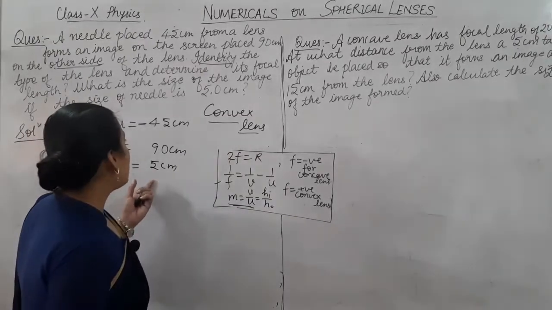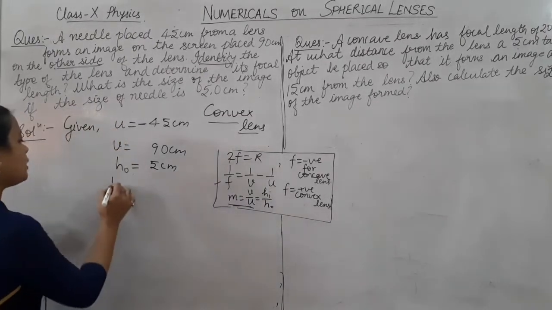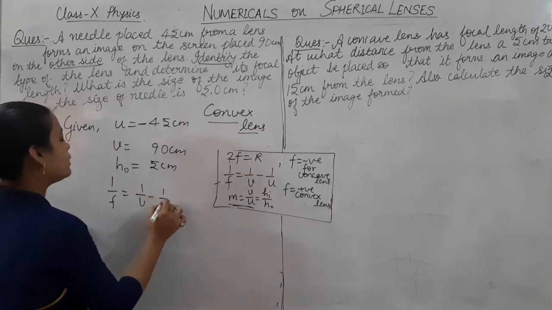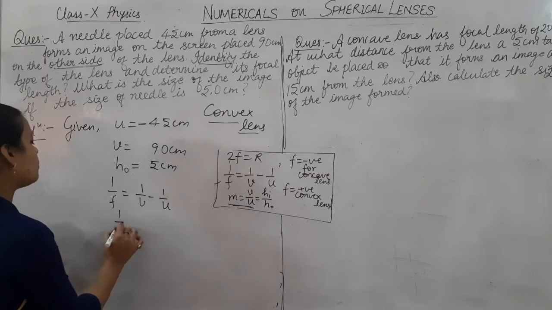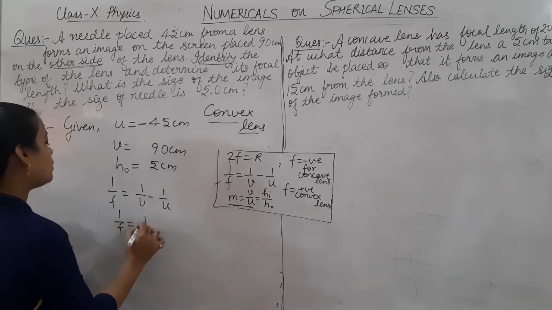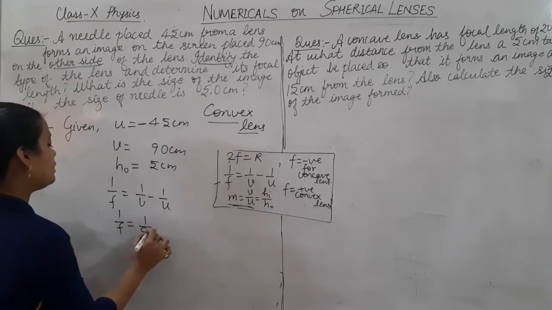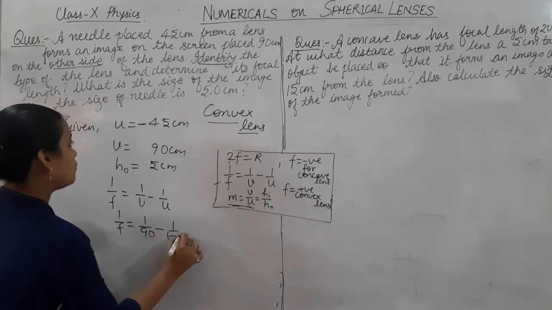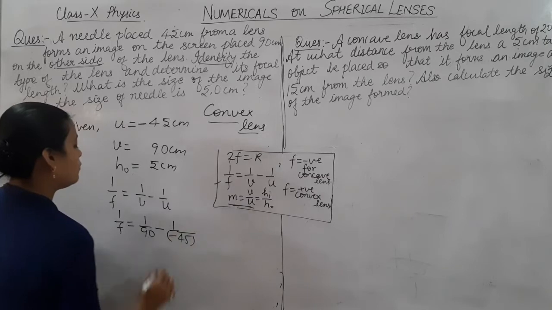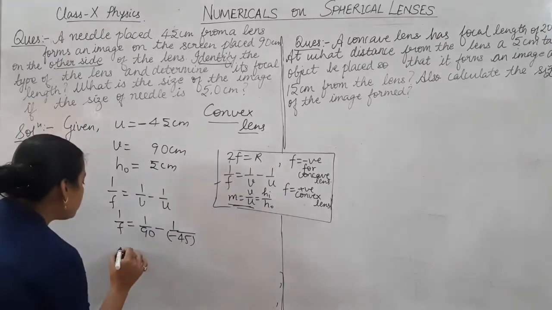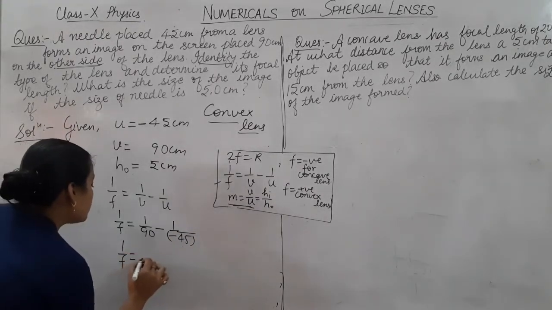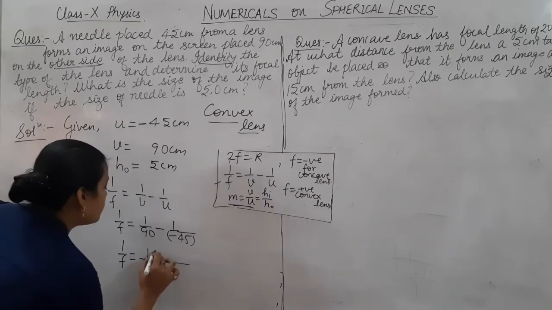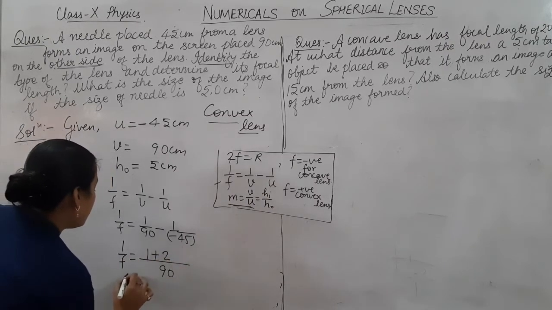With the help of this much data, we will be able to find the focal length. 1 upon F is equal to 1 upon V minus 1 upon U. So 1 upon F is equal to 1 upon 90 minus of 1 by minus 45. Taking the LCM, which is 90, it will be 1 plus 2.